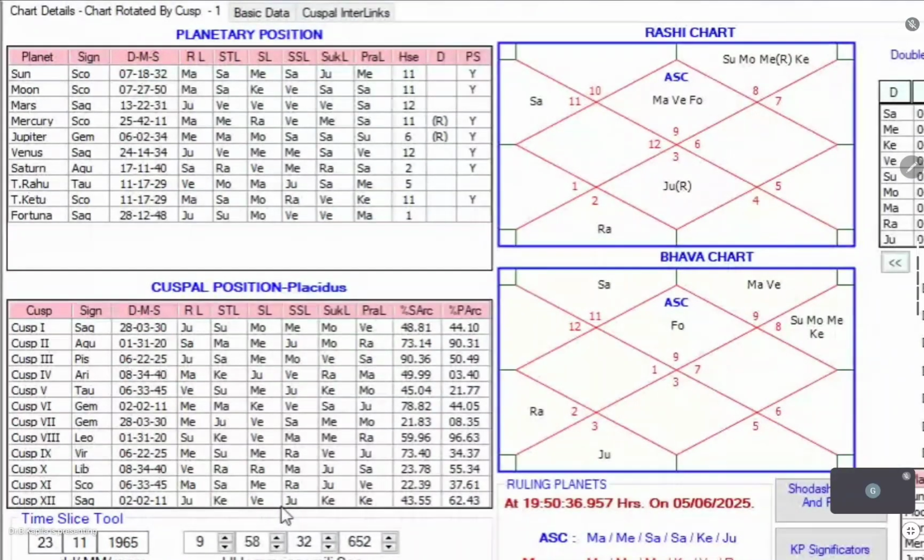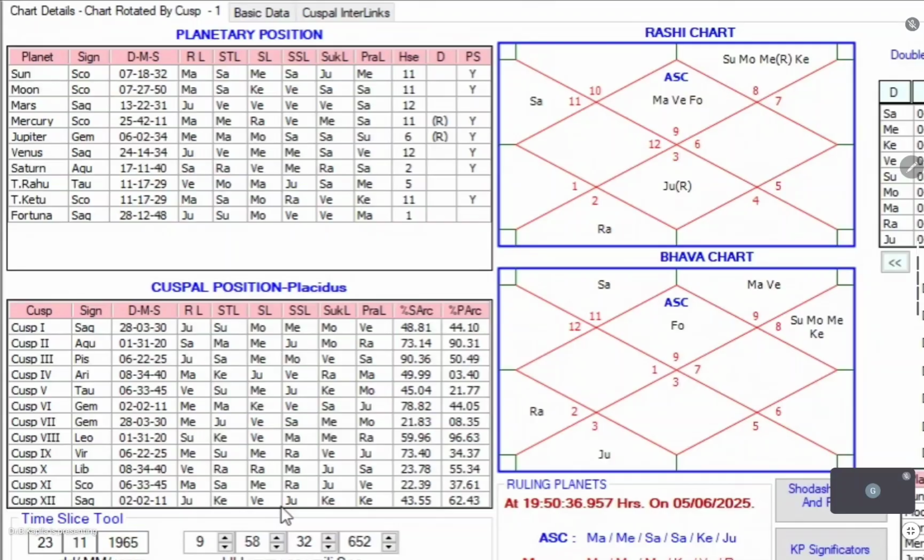This was the first important part. Before going to any death case, always verify, on the basis of the sign lord of the progressed ascendant, whether it is satisfying the essential condition of linking to the 8th and 12th cusp or not.